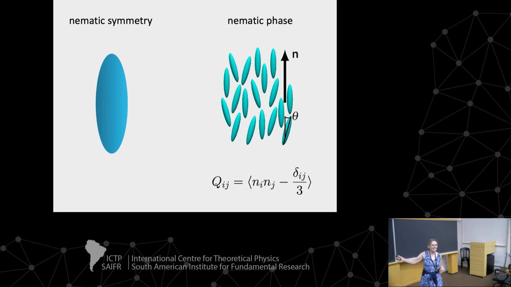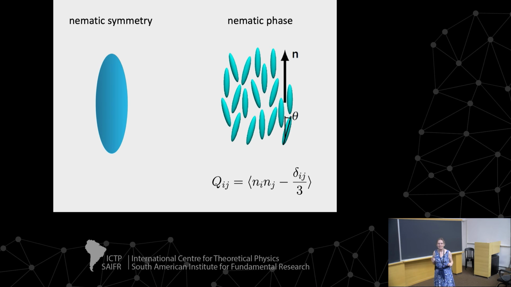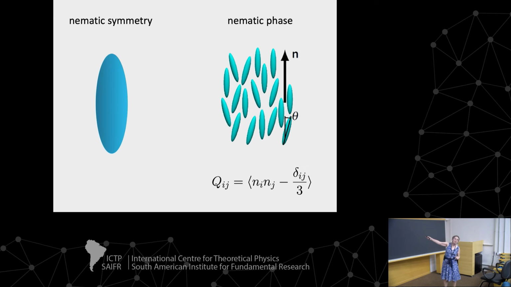I won't be cross with you. Exactly. You knew exactly what it was. Right, I've made it into a vector, haven't I? And there shouldn't be a preferred direction, there should be a preferred axis. So I should have a point on the bottom as well, or no point on the top. So that's one possibility for the order parameter.